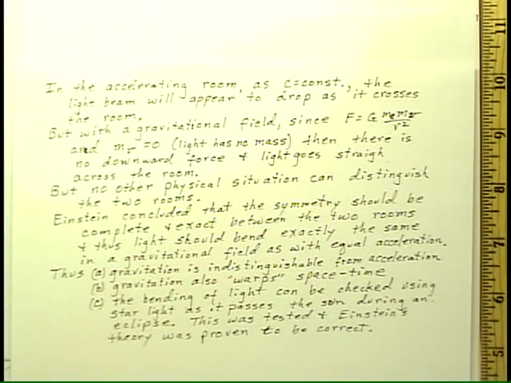Well, of course, we've got stars behind the sun, and that starlight would presumably be bent, and one can predict how much that bending would be, but it's not easy to see the light from a star right near the surface of the sun. That is, unless the sun were to undergo an eclipse, and one could use a telescope to see the star, which would then appear to be in a different position.